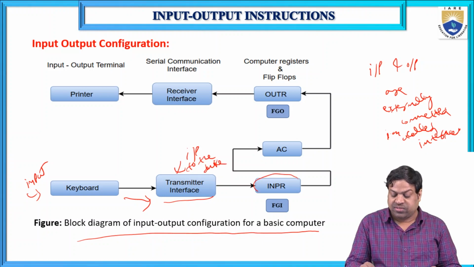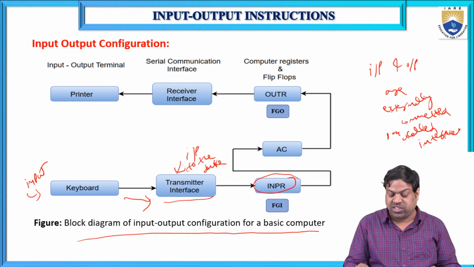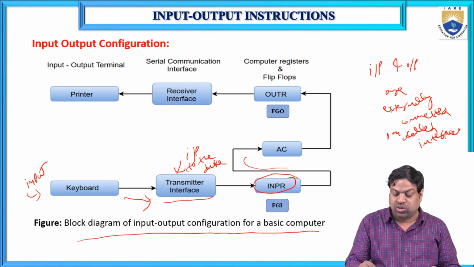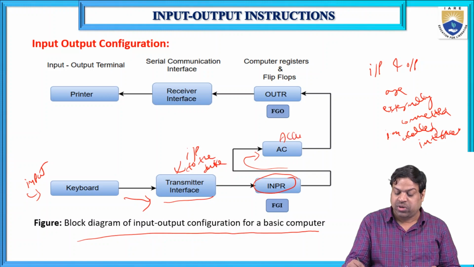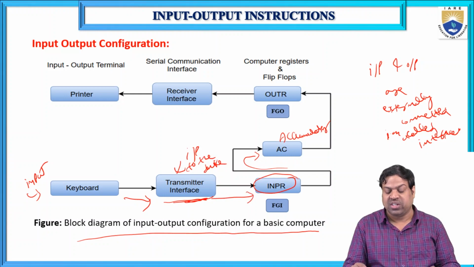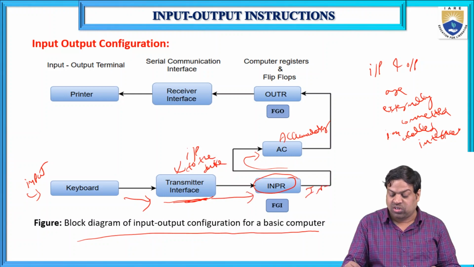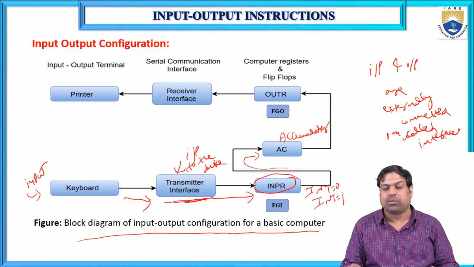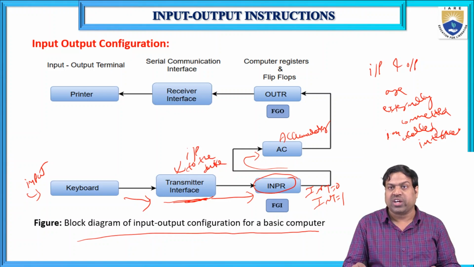It goes to INPR, the input register, and then to the accumulator, AC. The transmitter interface is going to the interrupt register. If the interrupt is INT 0 or INT 1, INT 1 means it is enabled. So I am giving interrupt 0 or 1, enable or disable. Then it goes to the accumulator.